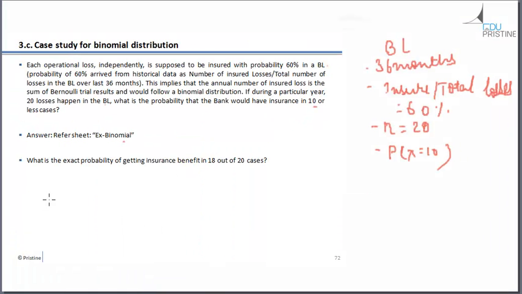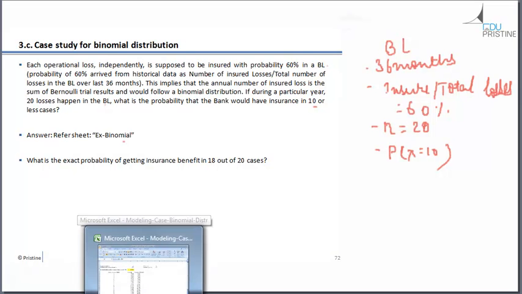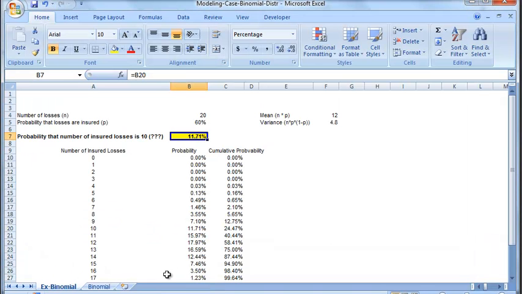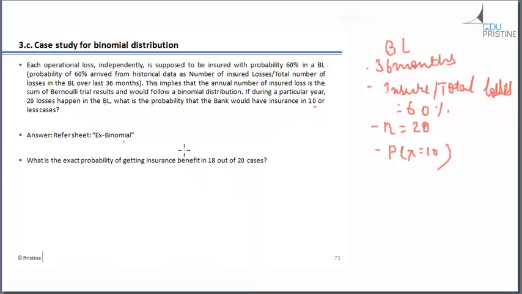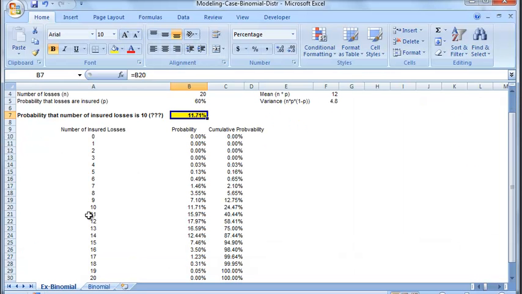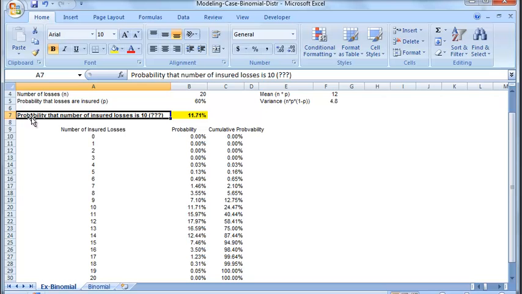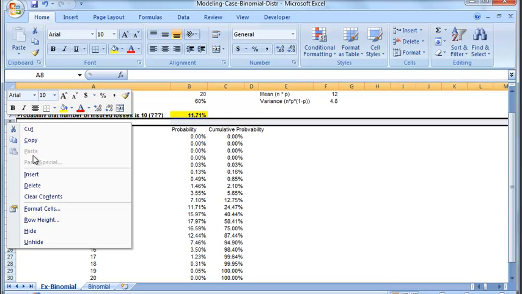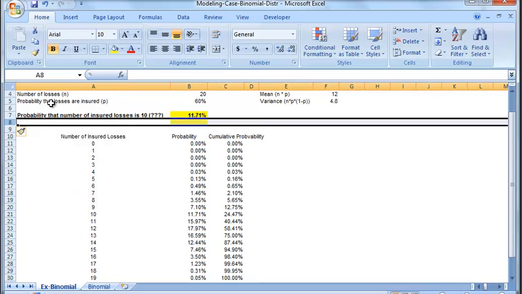Now, going back to our slide, we want 10 or fewer cases, that is, insured losses less than or equal to 10.